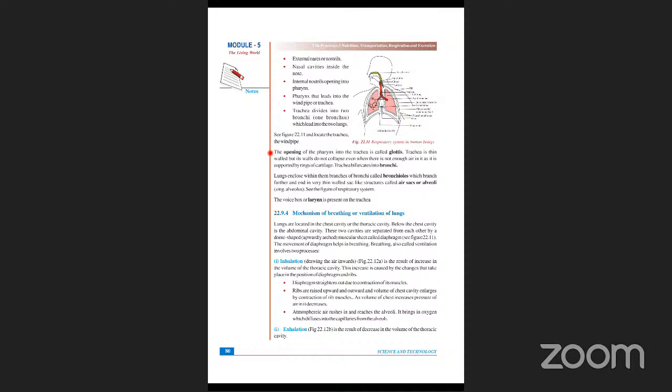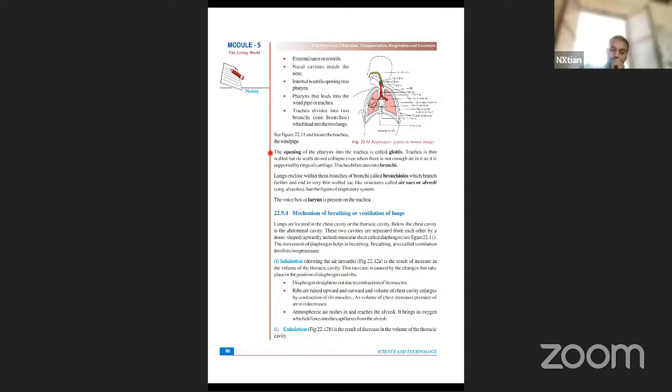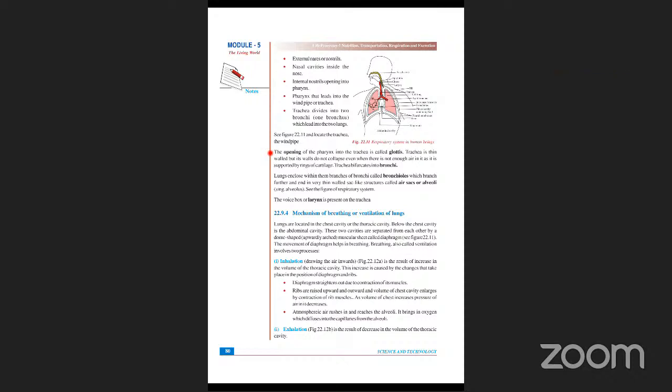Lungs enclose within them branches of bronchi called bronchioles, which branch farther and end in very thin-walled structures called air sacs or alveoli. The voice box or larynx is present at the top of the trachea. Very good.